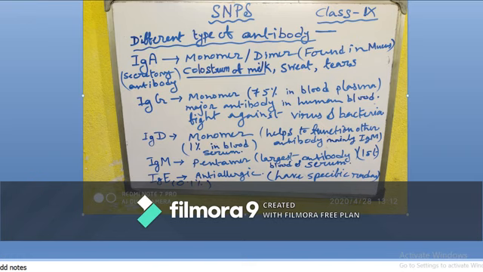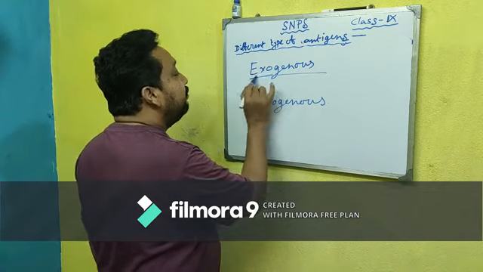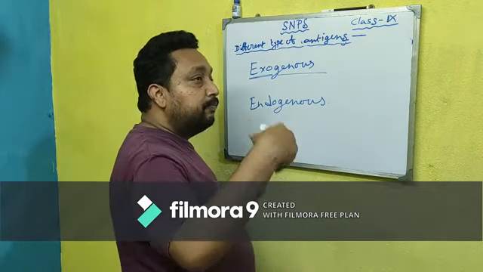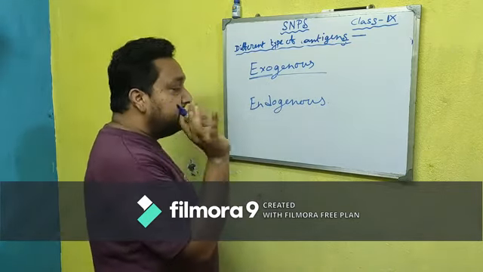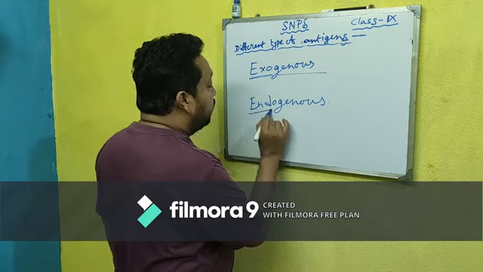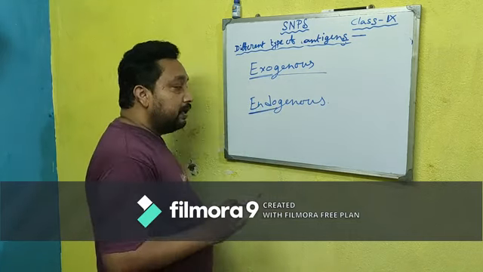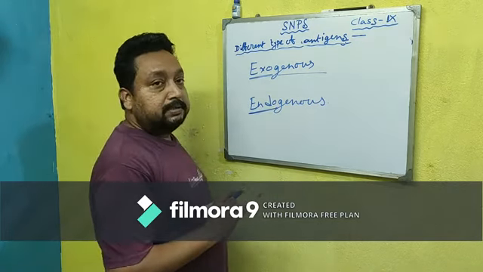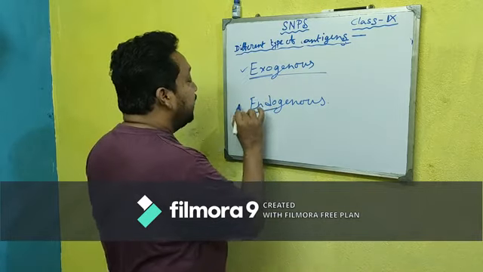Exogenous is very simple: exogenous means the antigens which come from outside the body. There are some antigens, very low in number, which are present within our body, known as endogenous.